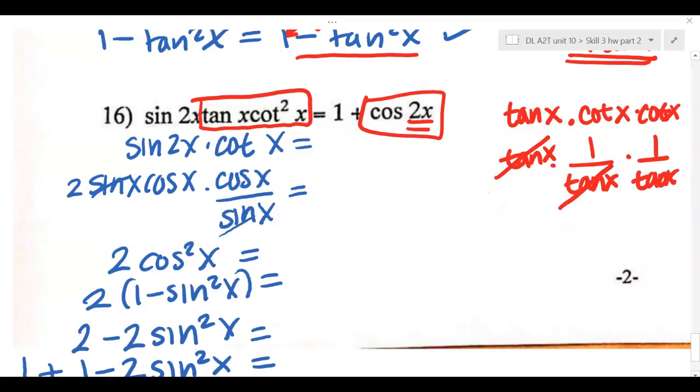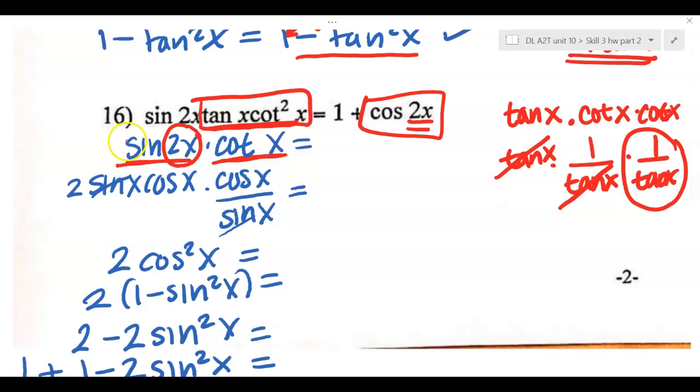So one of those tangent x factors in the denominator cancels out and just makes 1 and leaves me with 1 over tangent x, which again is a cotangent. So that's why when these 2 things multiply together, I just have left cotangent, and it's still multiplying that other factor of sine 2x. The next thing that I did was work on swapping out for an identity this double angle so that it had just the single x in it like all the other angles, so I could find more things that could cancel out.